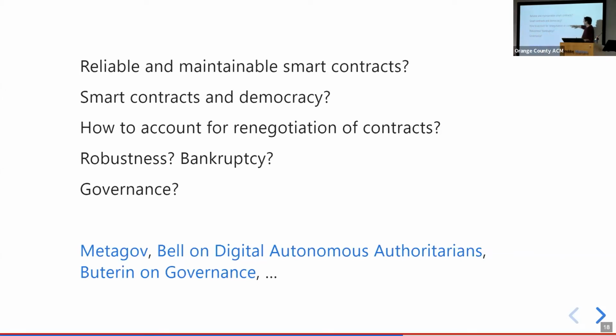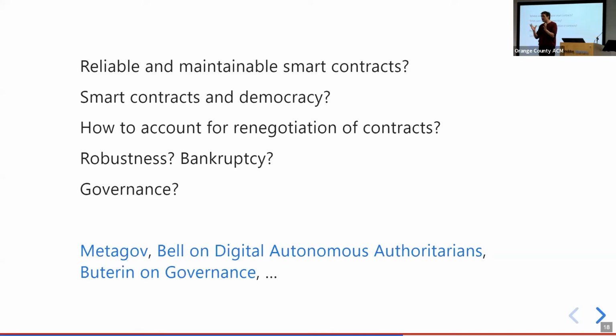One particular point here is that once you deploy the smart contract, you cannot change it anymore. But that's not the role that contracts play in the real world. In the real world, maybe you even go to court, and there's a lawyer and a judge, and the meaning of the contract is up to negotiation to some degree.